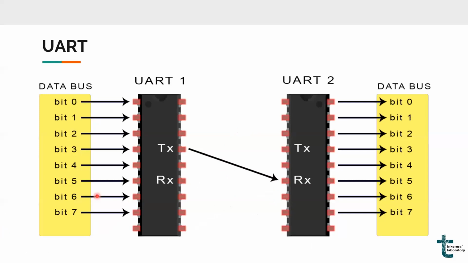So what happens is, in the case of the Arduino or the ESP, the microcontroller unit sends some data to the standalone UART circuit on the development board, or even in the case of Raspberry Pi, the microprocessor unit. So parallel data is fed into the UART. All the data comes simultaneously, and then the UART device converts this data into serial data.